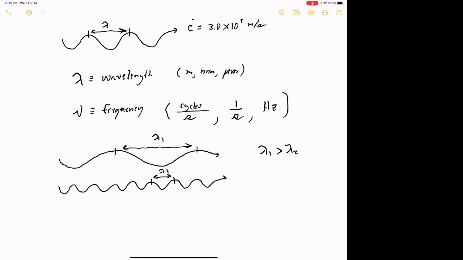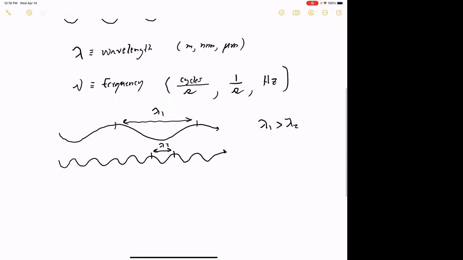Now, does the wavelength affect the frequency? Well, yes, it does. Because as you move the peaks closer together, for example, in the case of lambda 2, you're going to see more peaks passing you per given time because light is actually propagating at the same speed, regardless of the wavelength. All right. So what ends up happening here is that we see two different frequencies.